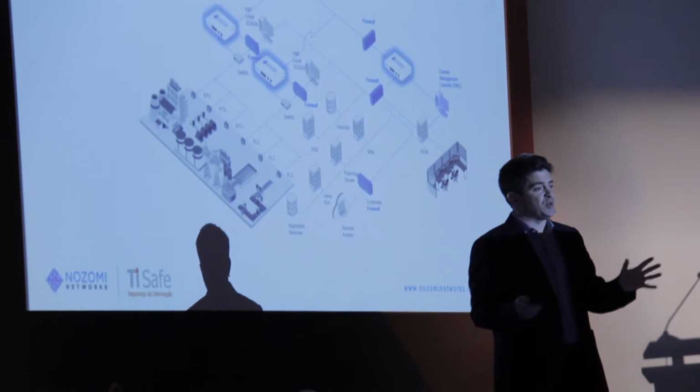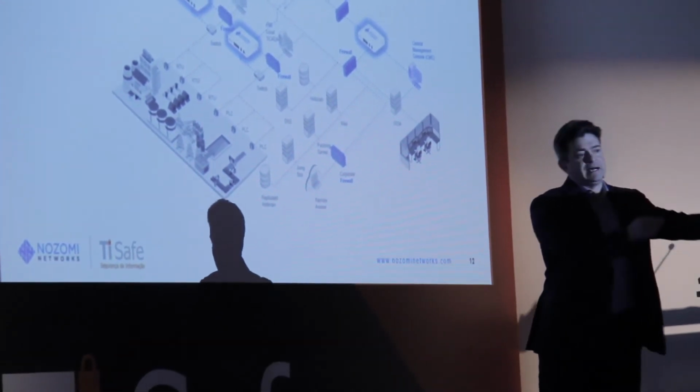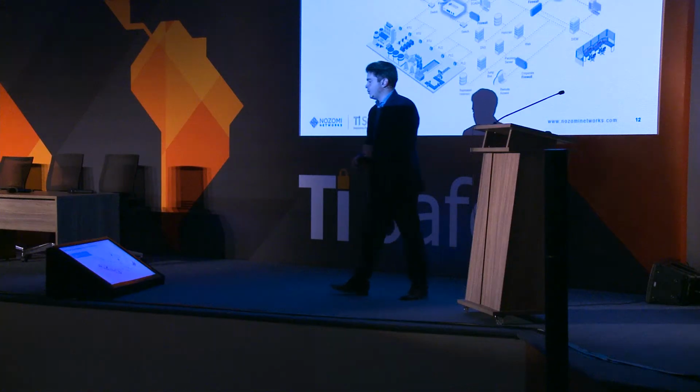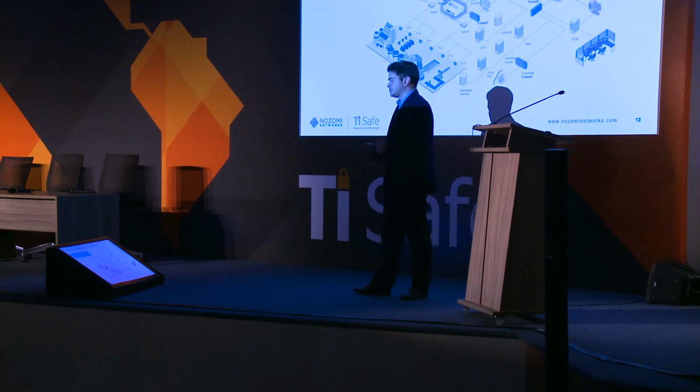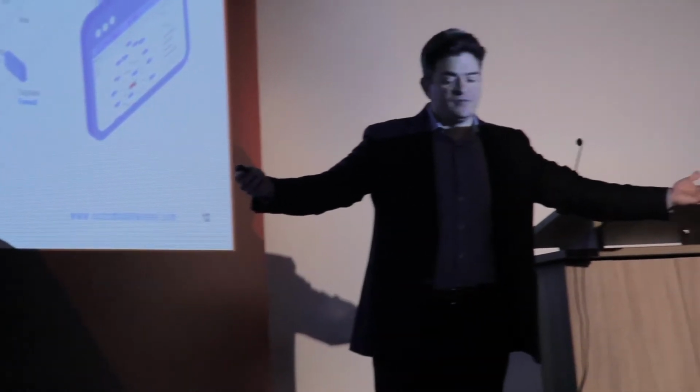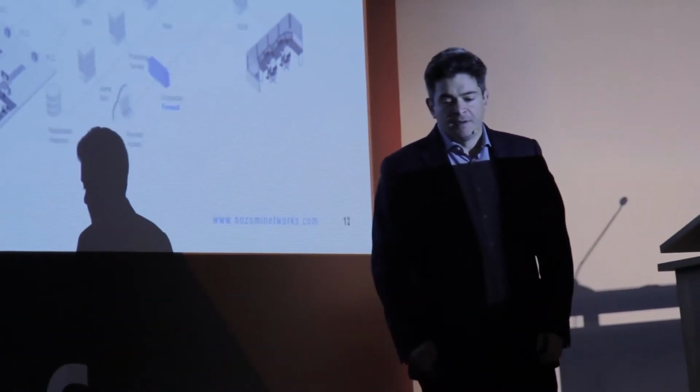And you have to be able to do that for a very, very small plant out in some region, or you have to be able to do that all over the world. So first, you ought to be able to monitor, you have to be able to detect, and you have to be able to secure. And you need a pane of glass to be able to visualize all this.